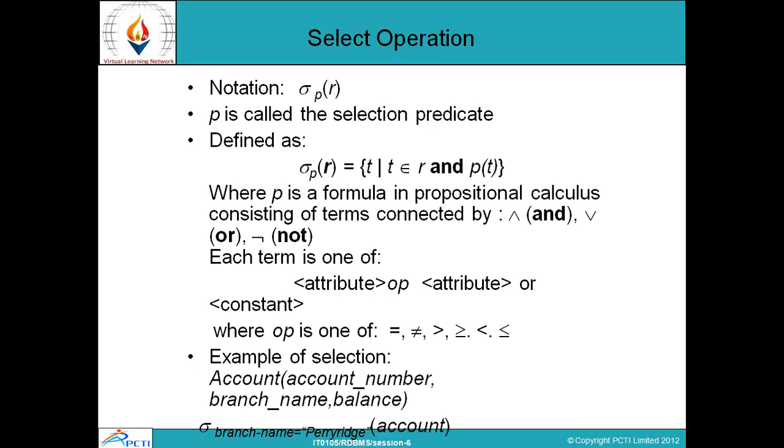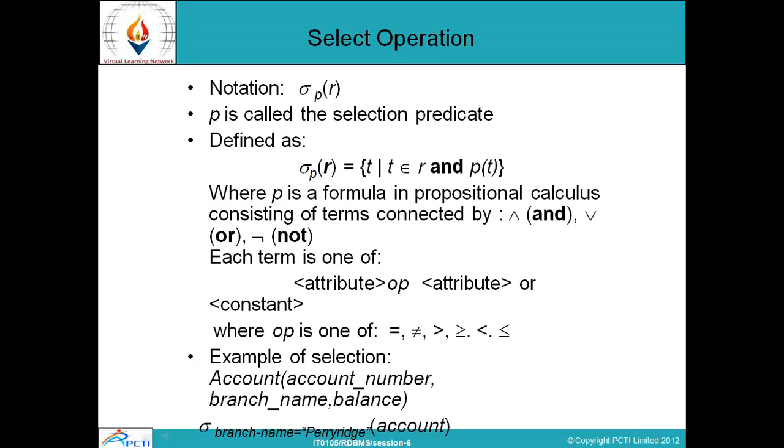We use this operation to extract rows from the database, and the symbol rho is called the select predicate.